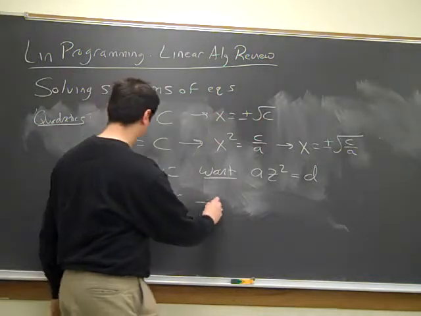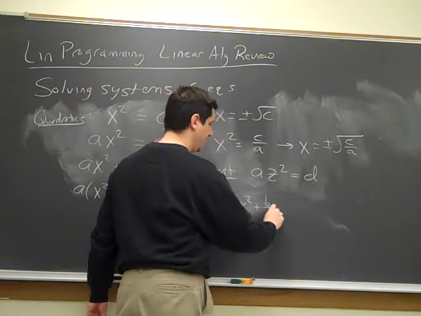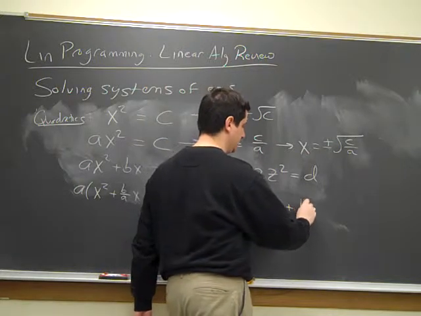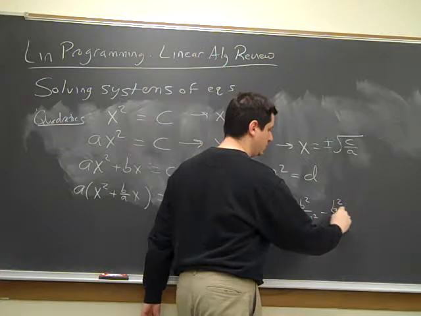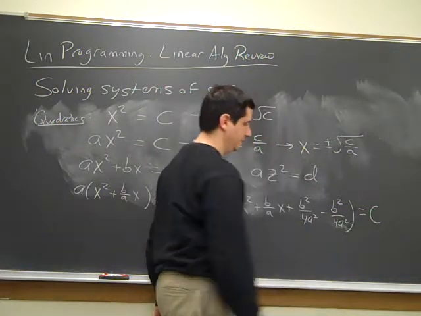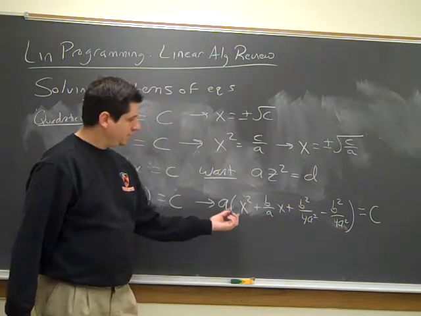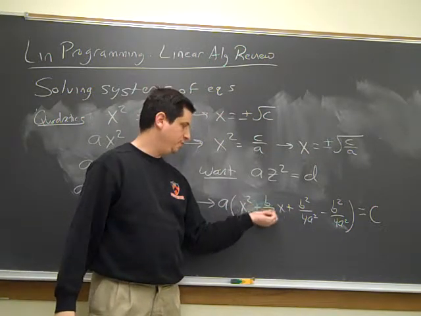So we can write this as a times (x squared plus b over a x plus b squared over 4a squared minus b squared over 4a squared) equals c. And so what we've done here is we've said, well, what would we need to get a cross term of b over a x?